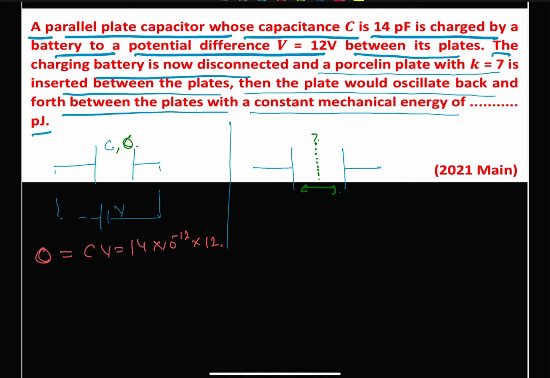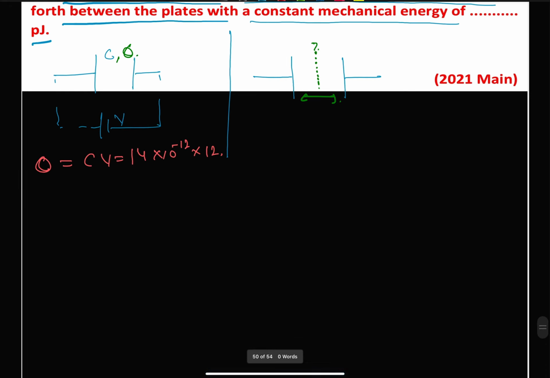So we get our Q will be equal to 168 into 10 to the power minus 12 coulomb. So this is the charge before the insertion of the plate.